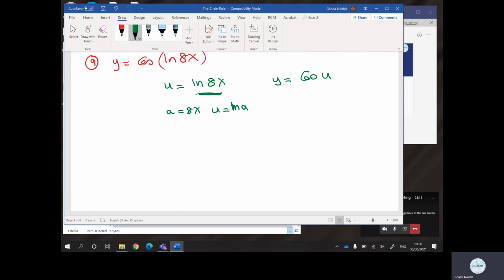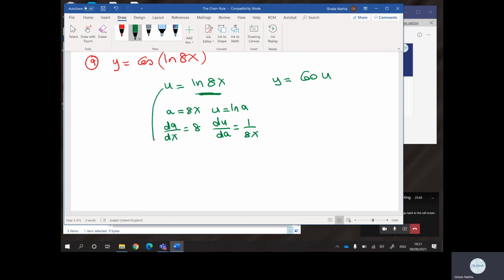I know what ln x differentiates into, but not ln 8x. Well, I do know, but I need to prove it. So the best way is to use the chain rule again inside it. So let 8x equal a, so u equals ln a. da by dx is 8. du by da is 1 over a, and a is 8x.